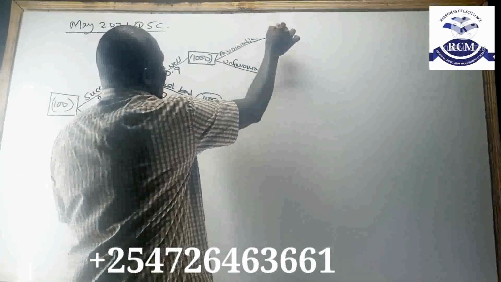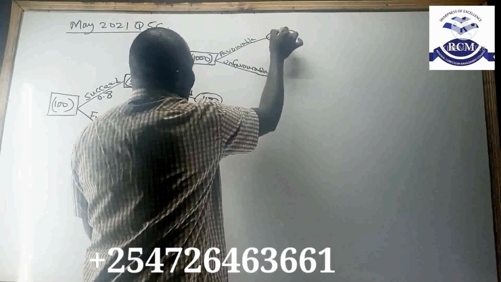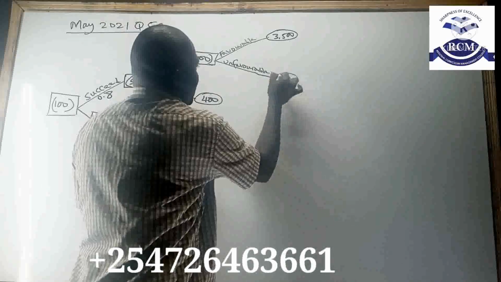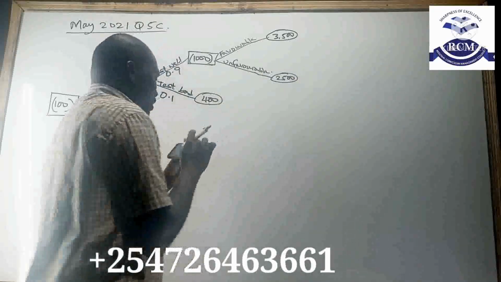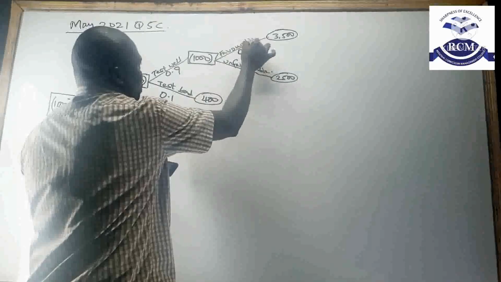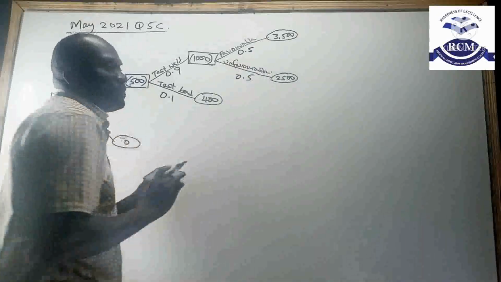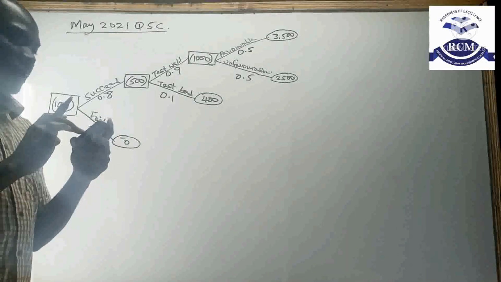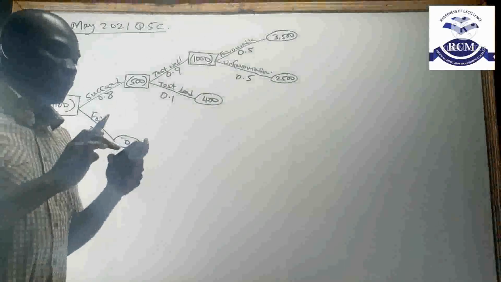If it's favorable, I get a cash flow of 3,500. If unfavorable, I get 2,500. And you're told that the two states of the economy are equally likely, meaning 0.5, 0.5. And both net cash flows are expected at the end of year 3.